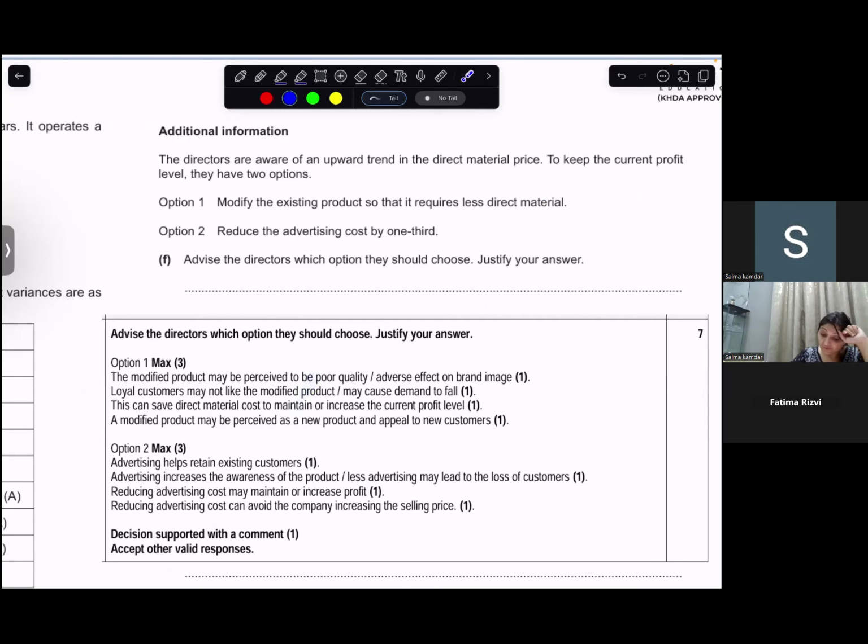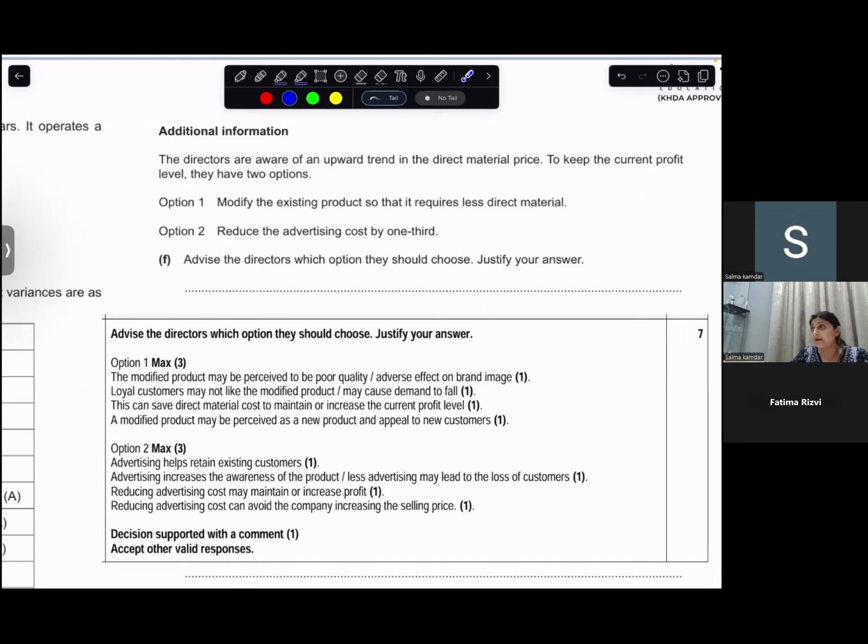If you reduce the advertisement cost, then the existing customers will remain. They will not go away, but you may not get new customers. Yeah, there's a loss of new customers.